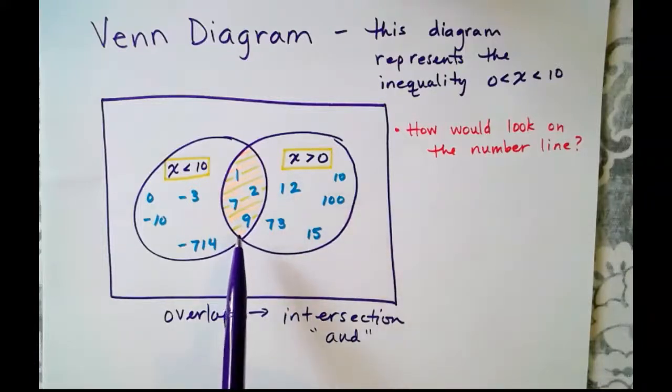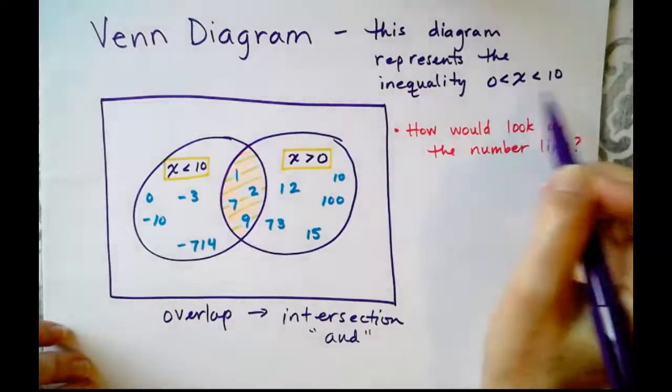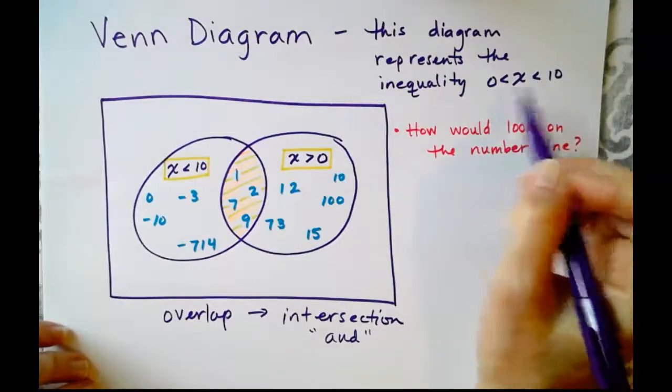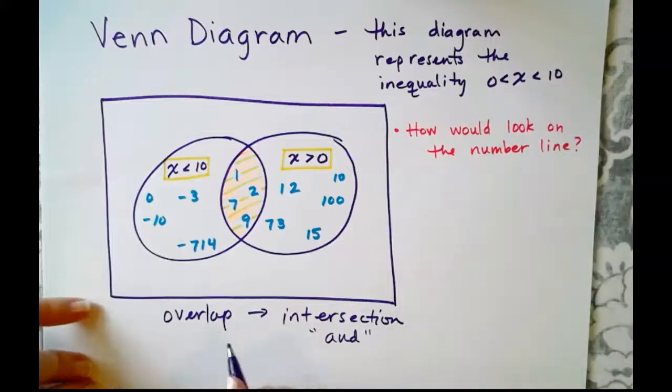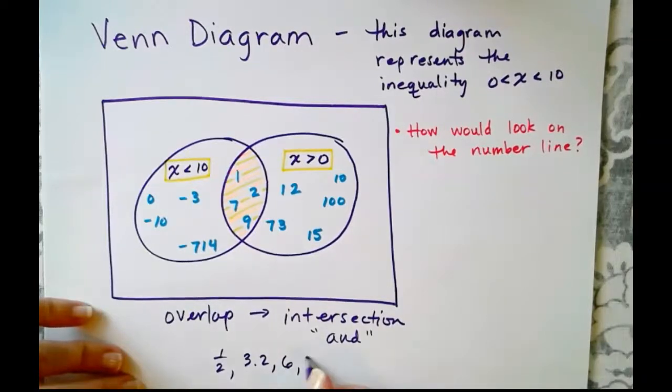I believe that we could even put some other members in this intersection. So some other members that would live in that intersection if x is essentially between 0 and 10 could be 1/2 or 3.2 or 6 or 7 or 8.25 or 9.99.